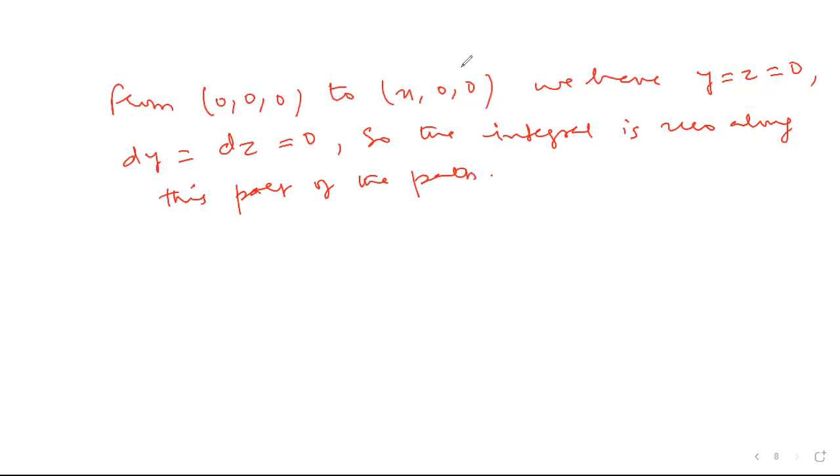Understand it? I'm saying from 0, 0, 0 to x, 0, 0, since we are moving along the x-axis, y and z both are 0, therefore dy and dz are 0. So the integral is 0 along this part of the path.